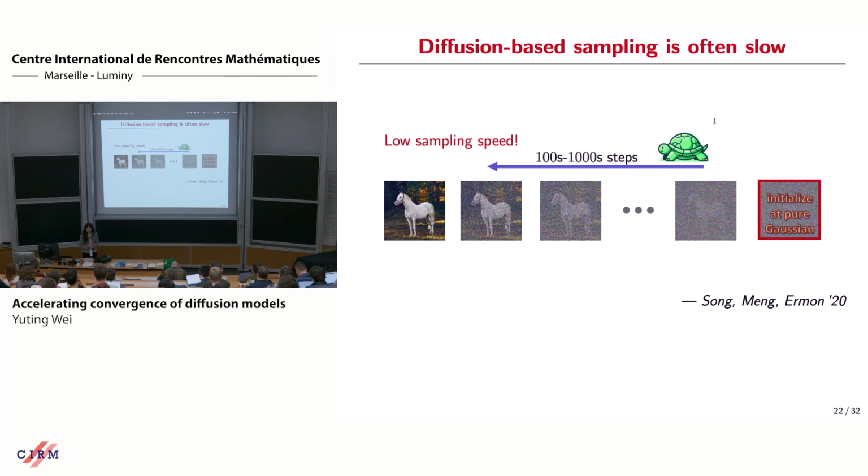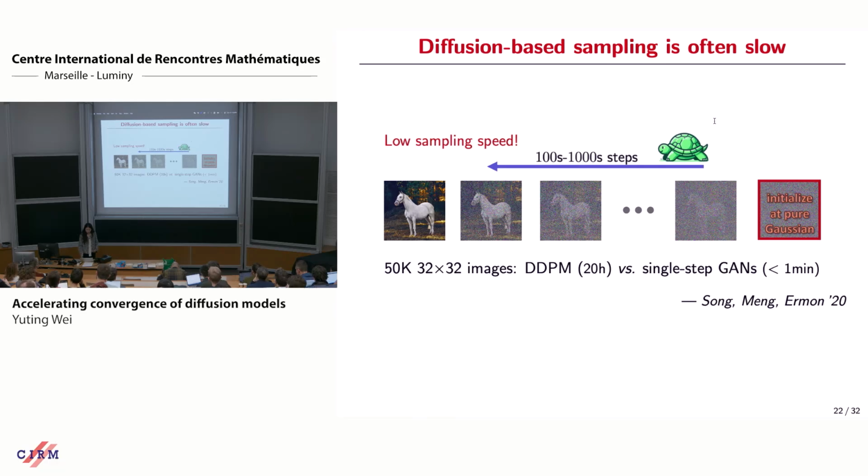So in fact, diffusion models actually suffer from low sampling speed due to extensive function evaluation in the sampling process, where in each step, you need to evaluate the score function. Usually the score function is some large neural network, and evaluating those large neural networks takes a long time. For example, you can see this is a comparison between DDPM and GAN. To sample 50K images, DDPM takes like 20 hours, whereas GAN only takes less than 1 minute.